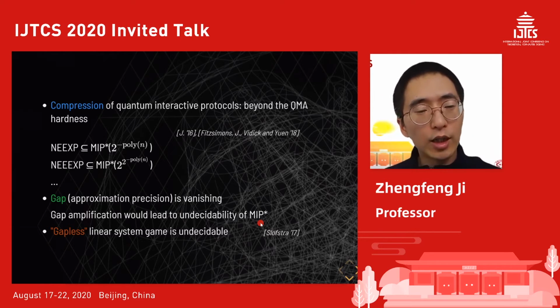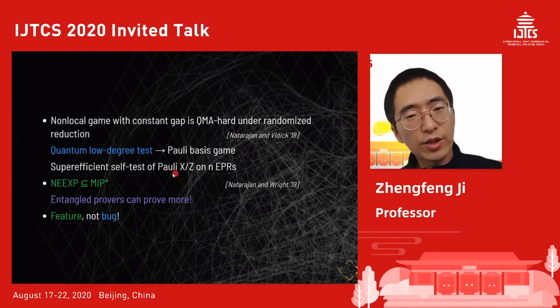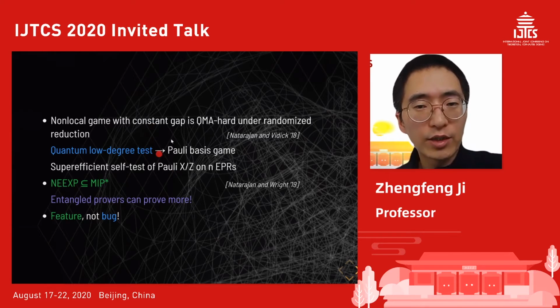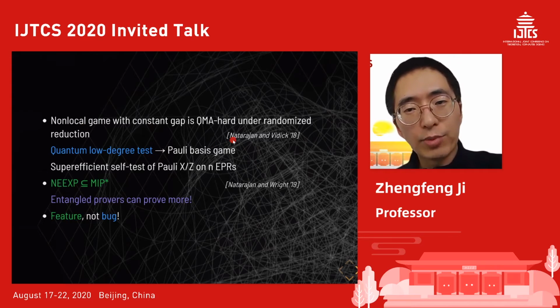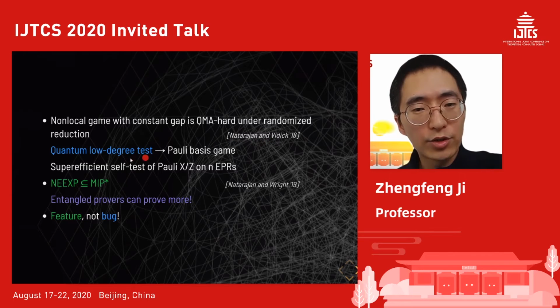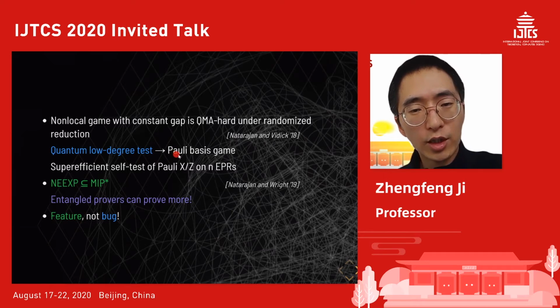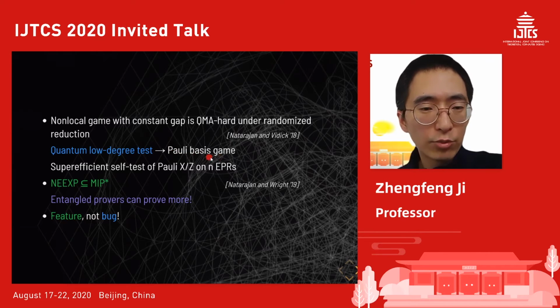And indeed, there were several improvements on that. In this paper by Natarajan and Vidick, they combined a low degree test and generalized it to a quantum version. Basically, it gives us a Pauli basis game, which is a very powerful self-test for the Pauli group, and it's efficient in testing EPR pairs.